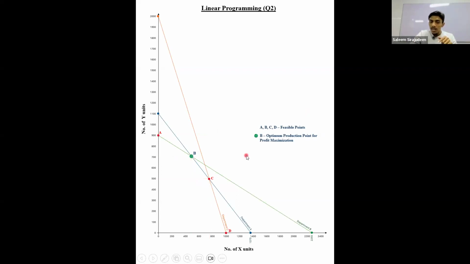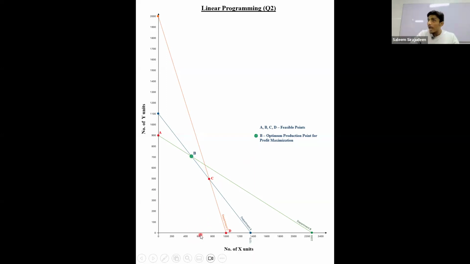Now there is another way, that is the ISO contribution line. ISO contribution line means we have to draw a line. We have to assume some units of Y and some units of X, and draw a line. Let's say you assume 300 units of Y, you put the coordinate here. If you assume 600 units of X, you put the coordinate here.